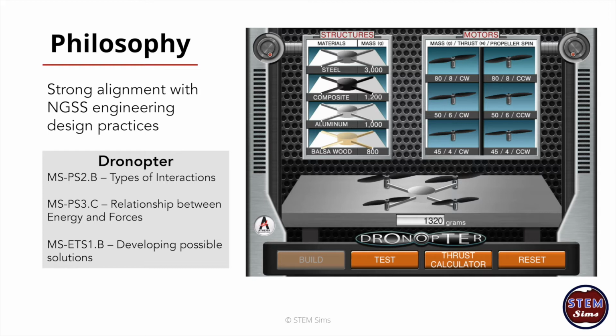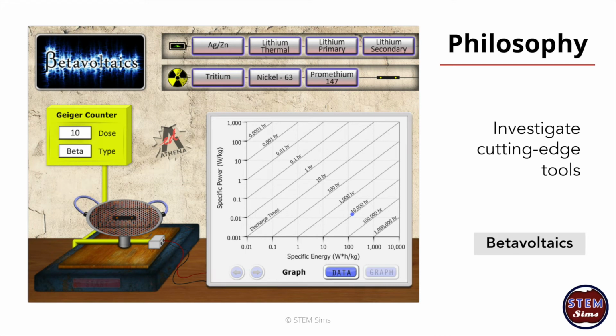Instead of merely replicating traditional laboratories, STEMSIMS focused on providing students with experiences that were hard, if not impossible, to replicate in the classroom. Because of team developers' relationship with the University Centers of Excellence from around the country, many of these experiences feature cutting-edge investigations.